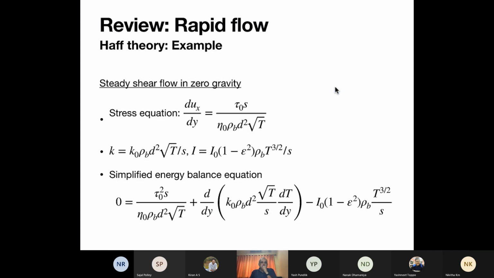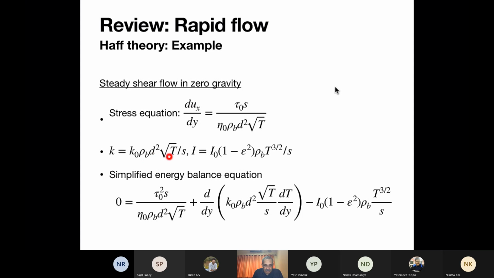And in addition to this, we have the equation for the stress, which we can simplify and get an expression for dux by dy in terms of tau 0, s, which is a variable, and temperature is a variable. So here s and T are variables, everything else is a constant. And we have an expression for the thermal conductivity.